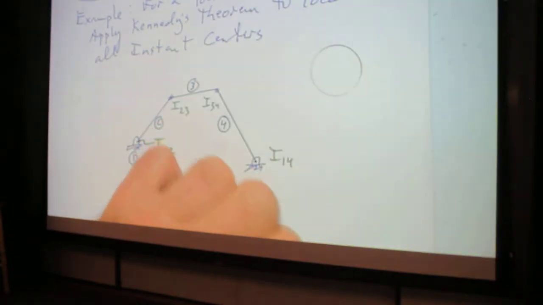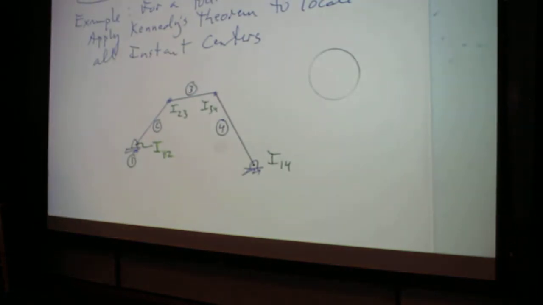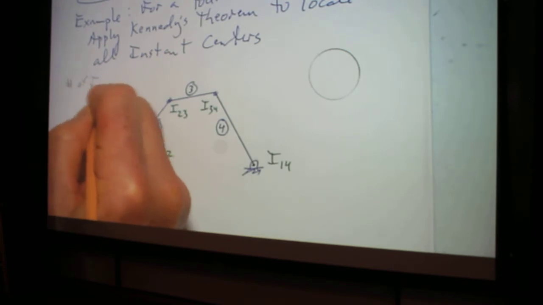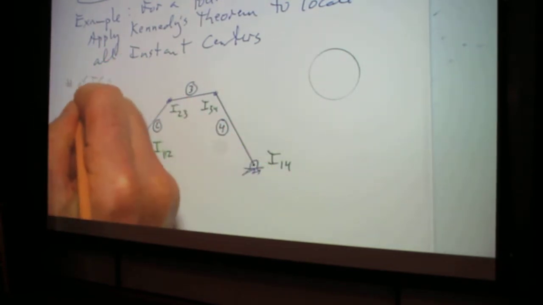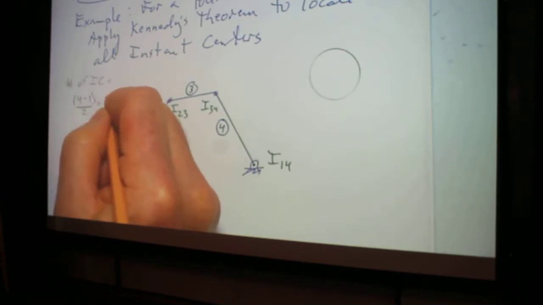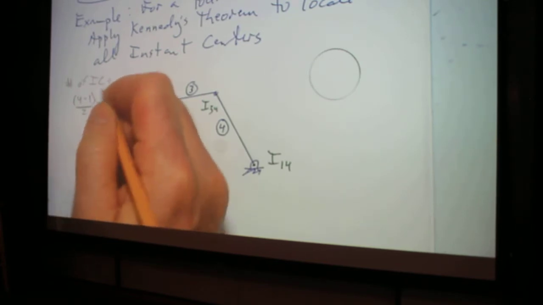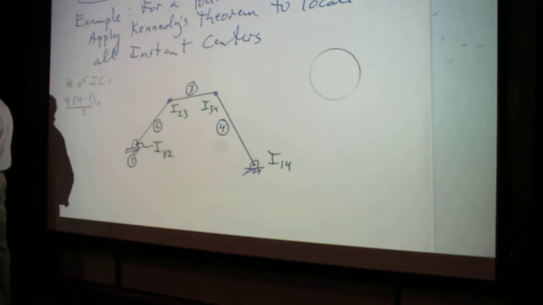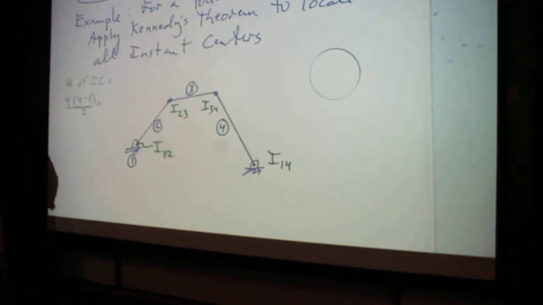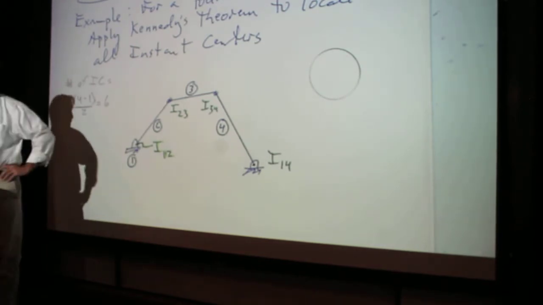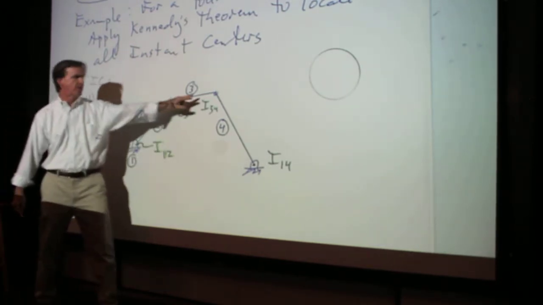First of all, I probably should calculate the number of instance centers on this: 4 times 3 is 12, divided by 2 is 6. So I got 6 instance centers to locate here. Well, I'm more than halfway because I got 1, 2, 3, 4 already.